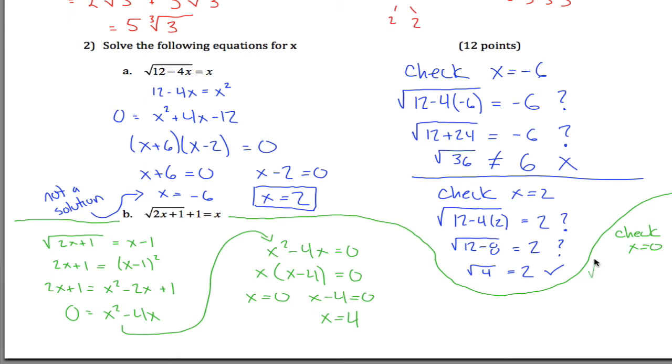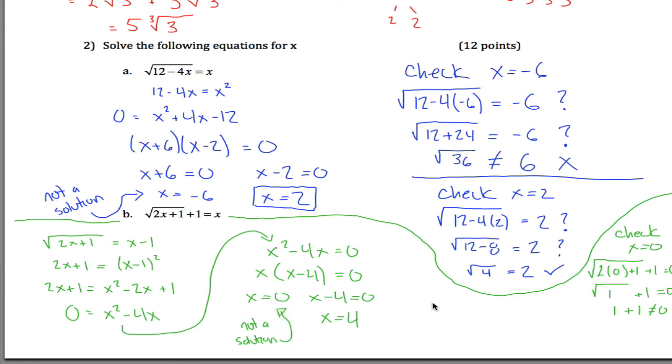I would have the square root of 2 times 0 plus 1, plus 1, equals 0. I don't think that's true because 2 times 0 is 0, so this is just the square root of 1 plus 1 equals 0. No, it doesn't. 1 plus 1 does not equal 0. So this is not a solution.